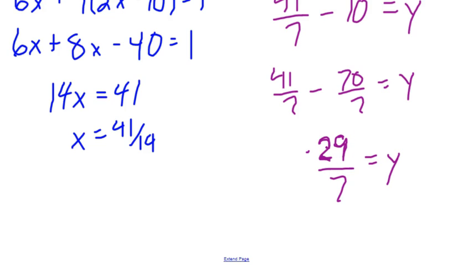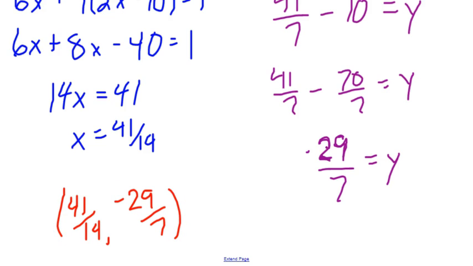So we found our x variable, found our y variable. The solution to the system is the ordered pair, 41 over 14, negative 29 over 7. If we graph these two equations and look for where they're intersecting on the graph, they would intersect at this coordinate, this ordered pair.